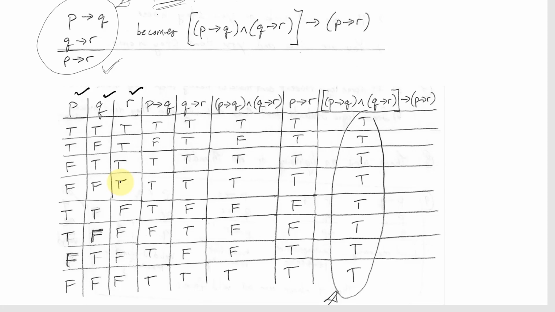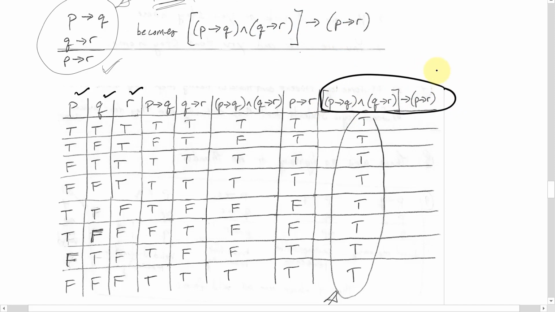But in the end, going through the truth table for this premise and this premise all implies this conclusion, whatever order you do all of these cases, the entire statement is true, meaning that the argument is a valid argument, always true. It basically means that there is no situation where the premises are true and the conclusion is false.